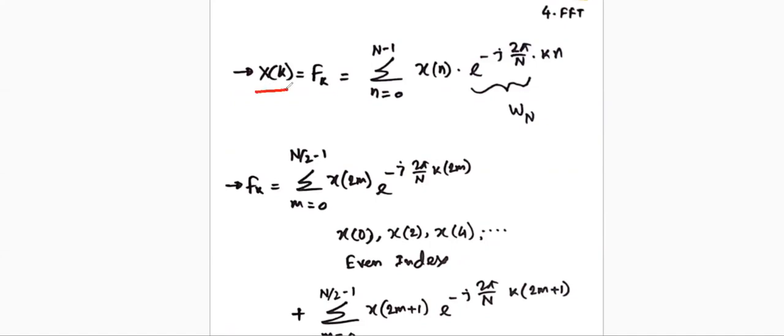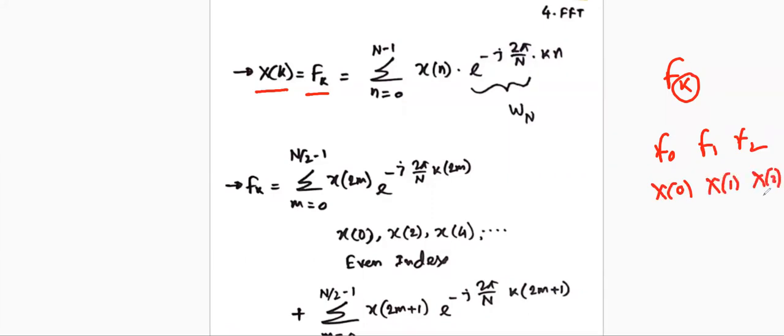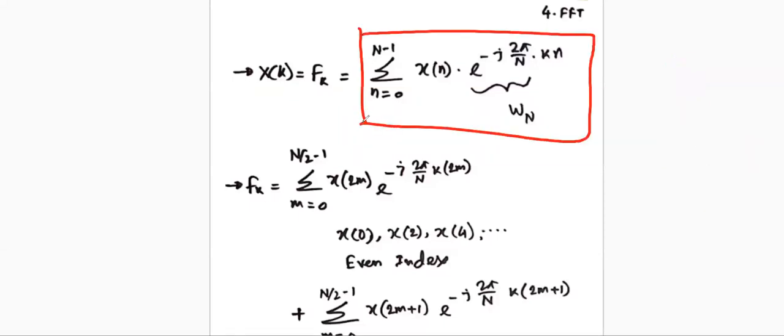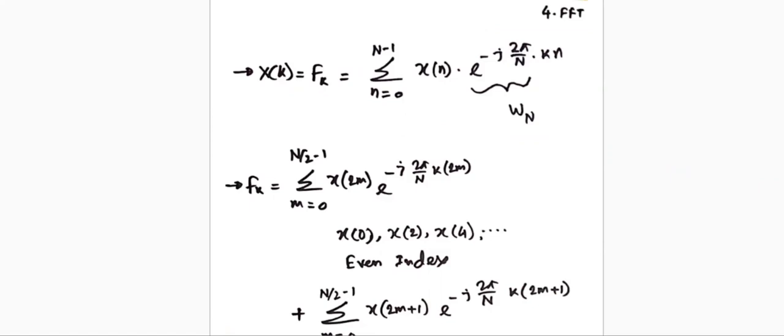So this is xk. We know what xk is. For today's lecture, I can also use it as fk, so this k mentioned like f0, f1, f2 belongs to x0, x1, x2. Those are the same thing, and this is the definition of the DFT.